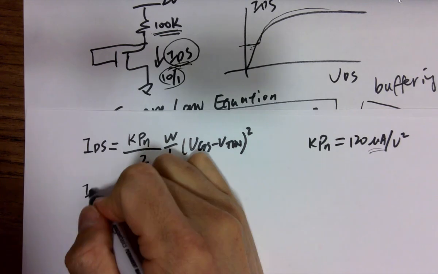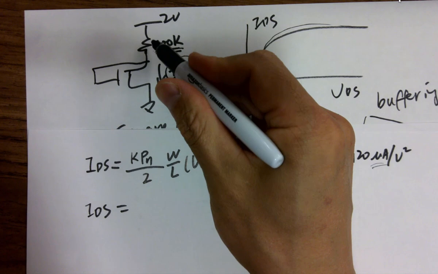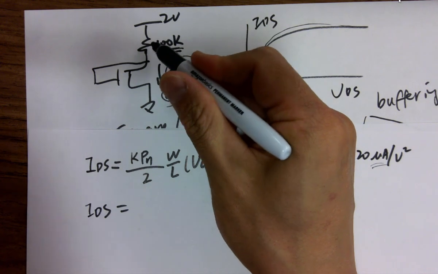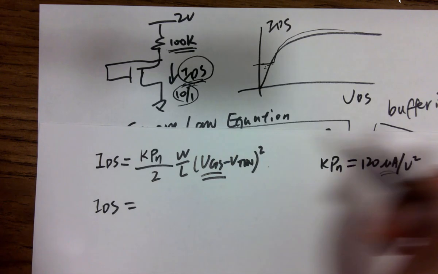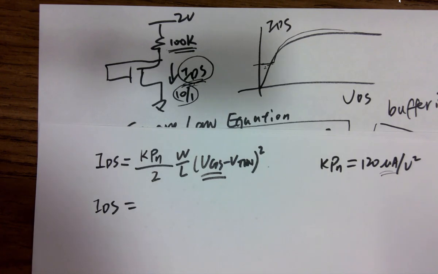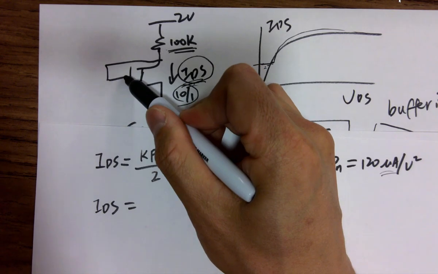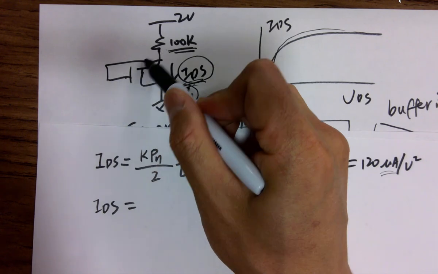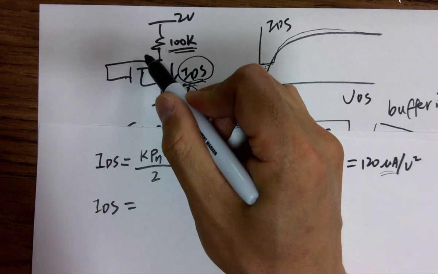You also can find IDS by doing this. Look at the resistor. Since we already introduced VGS, can we just keep using that? Because S is grounded, VGS is the voltage at this node.